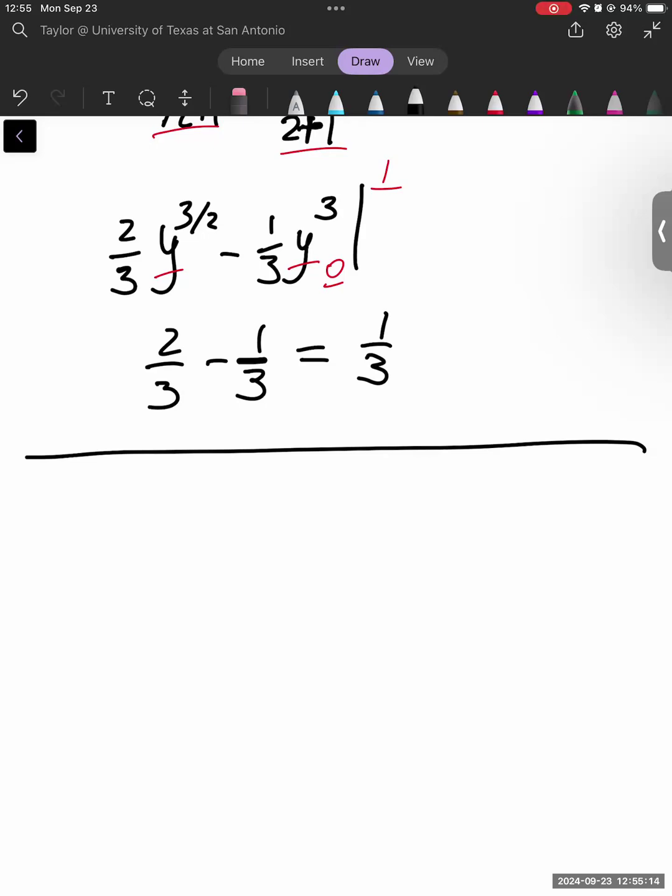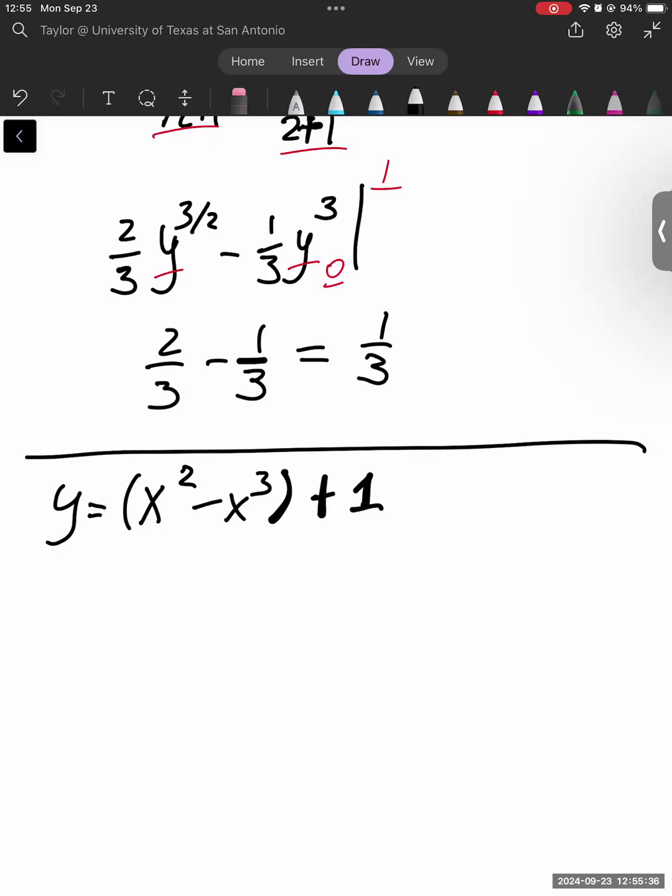Okay, cool. So the next one I want to do is y equals x squared minus x cubed plus 1. Oh, sorry. Let me close that parentheses real quick. Close the parentheses plus 1.